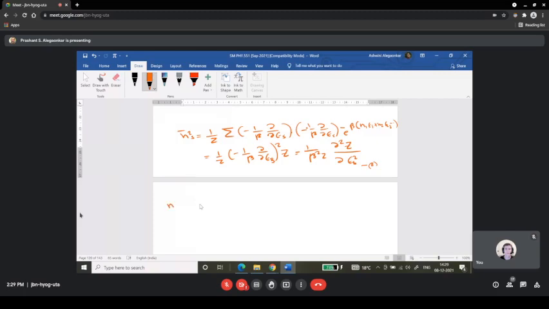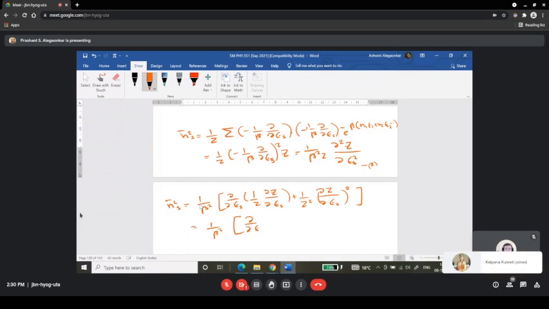Then we have n_s squared bar equal to 1 upon beta squared ∂/∂ε_s into [1 upon Z ∂Z/∂ε_s] plus [1 upon Z ∂Z/∂ε_s] whole squared, which is equal to 1 upon beta squared ∂/∂ε_s into ∂ln Z/∂ε_s plus beta squared n_s bar squared.